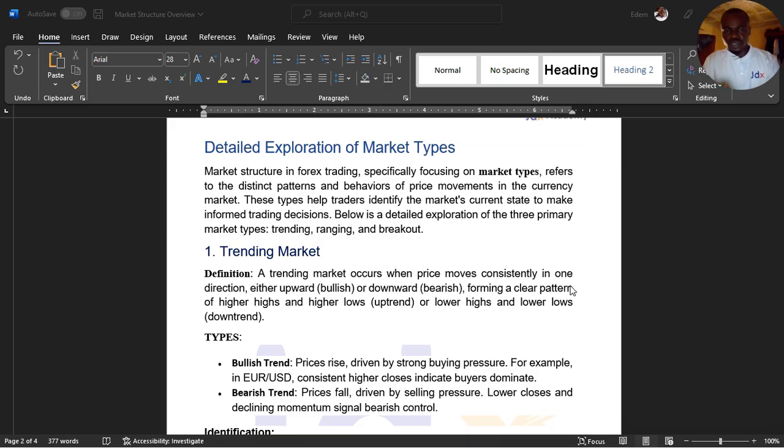Now, market structure in forex trading refers to the different patterns and behaviors of price movements on the currency market. This is just an overview, so I just want to take you through it. You can have time to read it all by yourself. Just as I said, it is the behavior of the market.